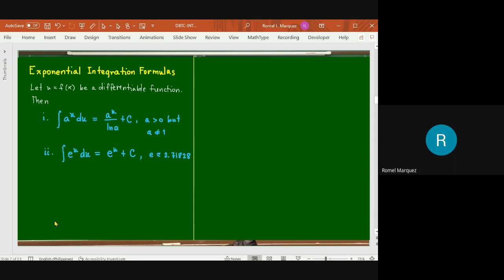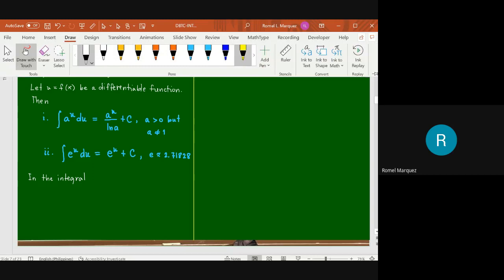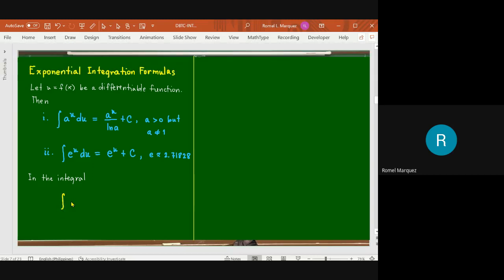So we have two formulas for exponential functions, no? Integration leading to exponential functions. Now, take note here that in the integral, yan. So again, in the integral of, let's say, a to the u du.